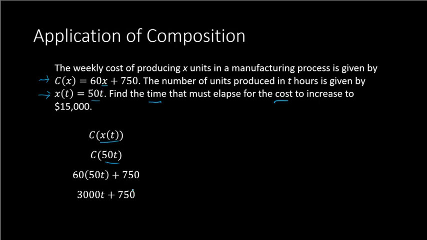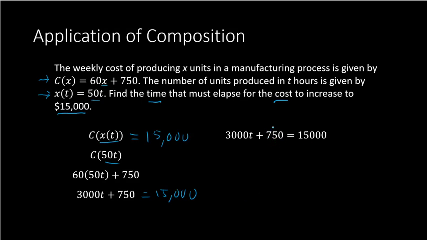And we can set this equal to $15,000. And the reason is because we wanted this cost right here, c of x of t, this cost function merged with the x of t function, we wanted that equal to 15,000. So we set this equal to 15,000, and we see that typed up over here.